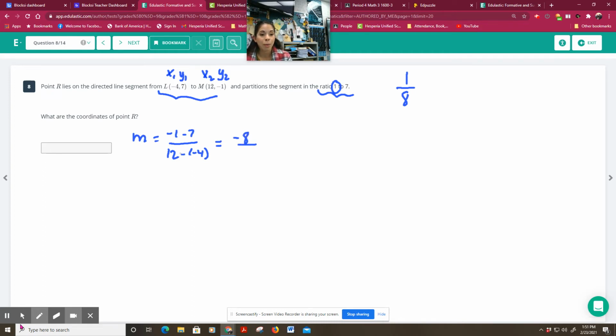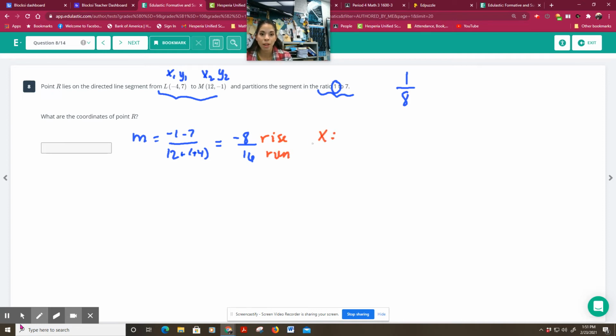And let's see, you have a double negative here. 12 plus 4 is 16. Now these ones do not reduce because we need it that way. All right, so I need my rise over run. I like to label them because it helps me figure out which one's which.